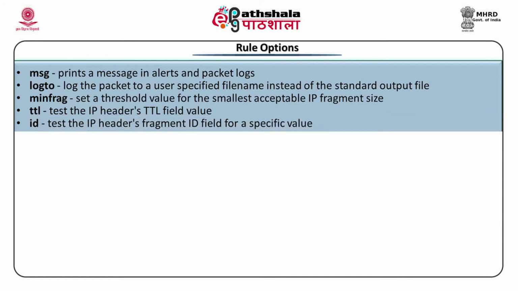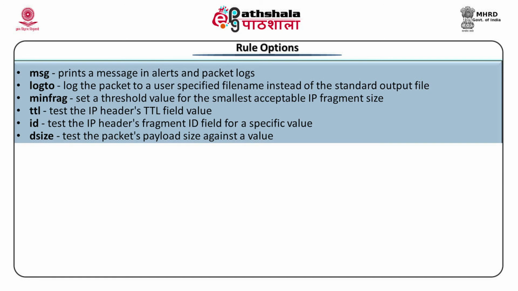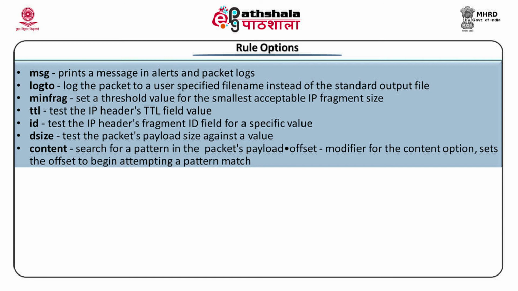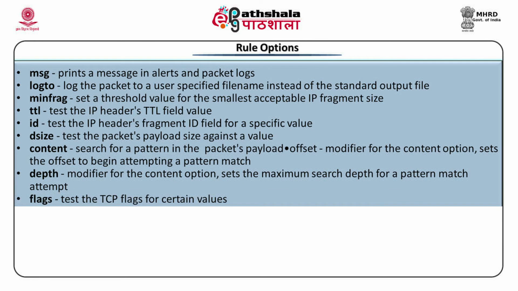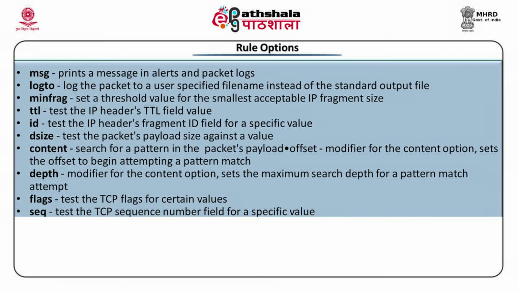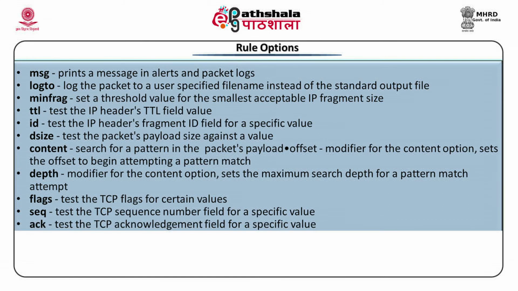Rule options are: msg, which prints a message in alerts and packet logs; logto, which says log the packets to a user specified file name instead of the standard output file; minfrag, which sets a threshold value for the smallest acceptable IP fragment size; ttl, which tests the IP header's TTL field value; id, which tests the IP header's fragment ID value for a specific value; dsize, which tests the packet's payload size against a value.